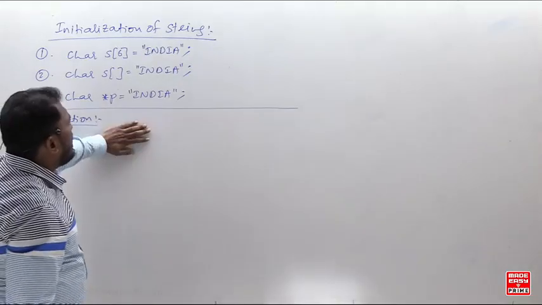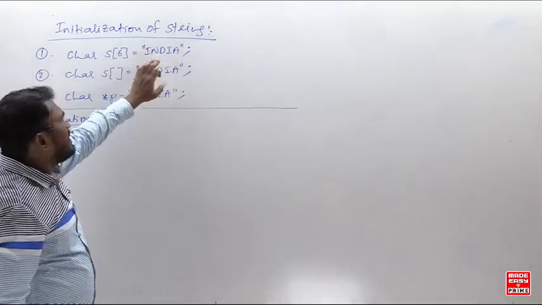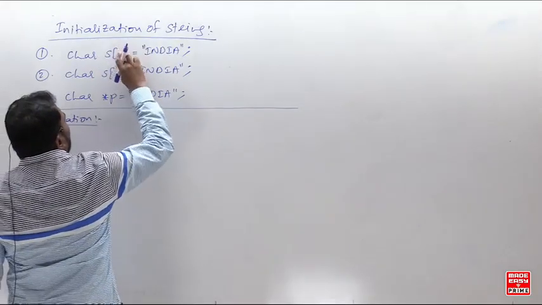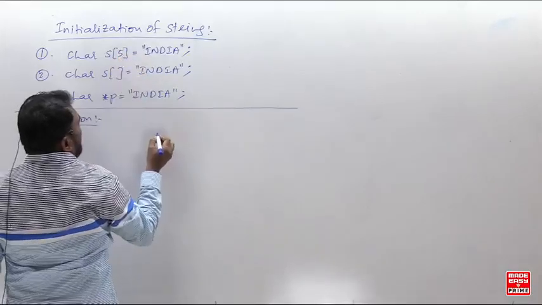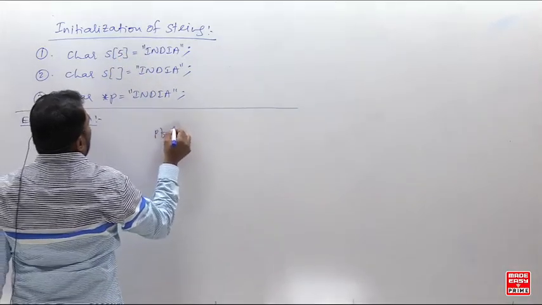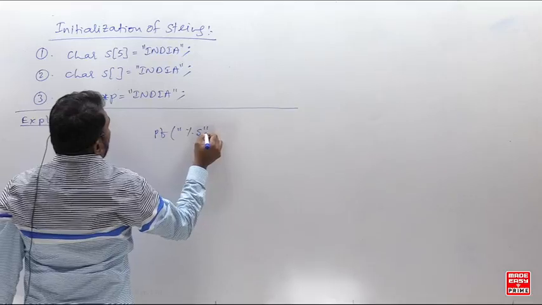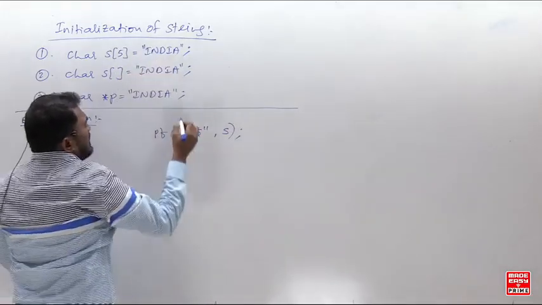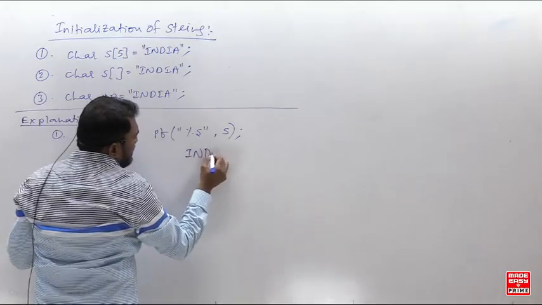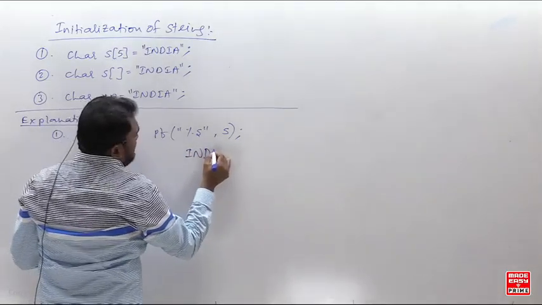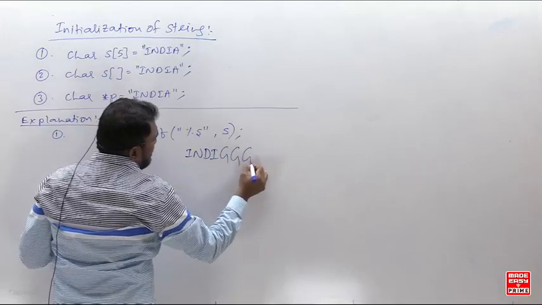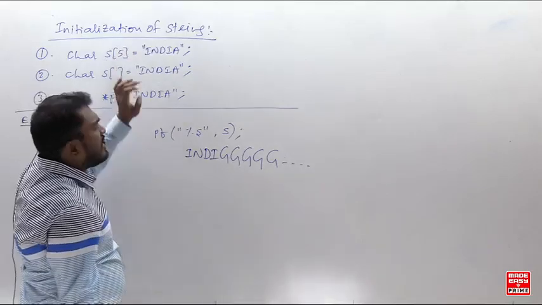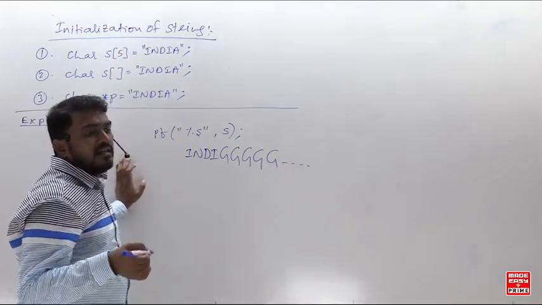Somebody is thinking, sir, if India has only 5 characters, then I'll declare the size as only 5. Then what happens? When you are printing with printf and percentage s, it will print the output like this: Ind and then some garbage value, because it cannot understand where the null character is.